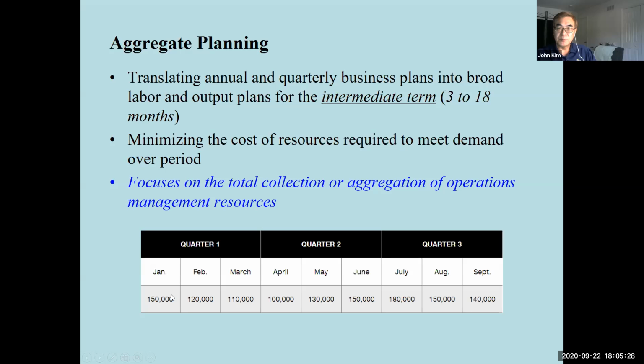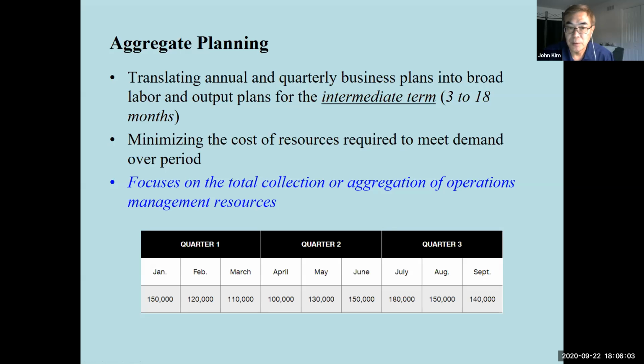If the company plans quarter by quarter, then maybe this is one aggregate planning. Monthly production is 150,000, 120,000, 110,000. Aggregate planning is a total collection, an aggregate operations management resource plan.